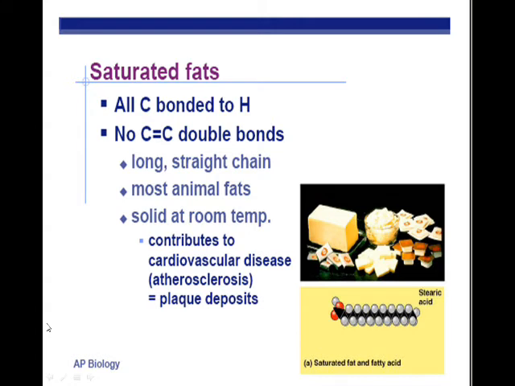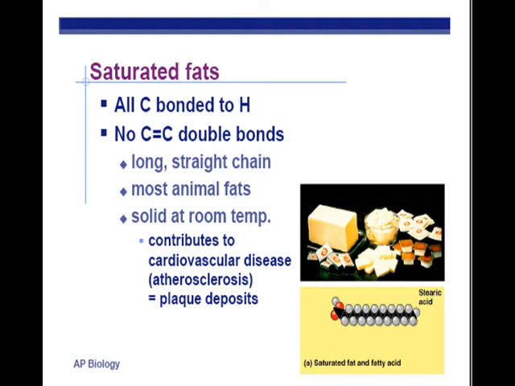Saturated fats are long hydrocarbon chains where all the carbons are bonded to hydrogens. There's no carbon-to-carbon double bonds, and they make long straight chains. Most animal fats are saturated fats, and we talk about saturated fats in our food.